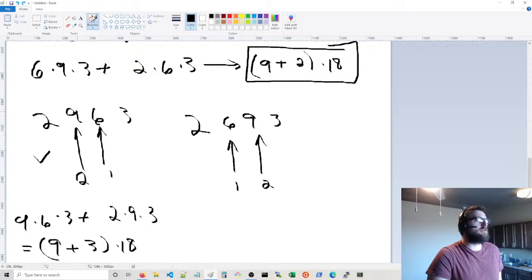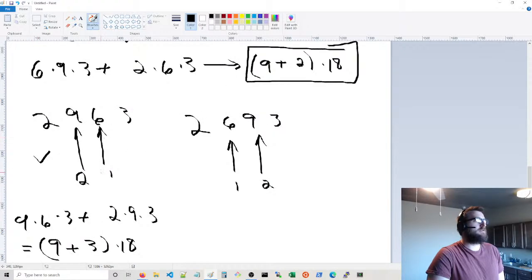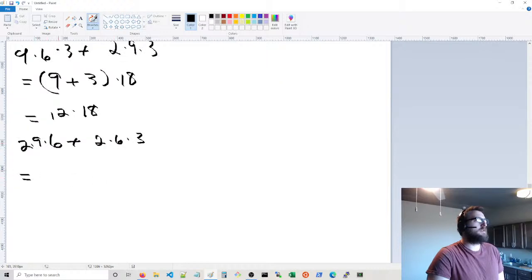And also, you could pick the other way, the larger of the two first, which will give you 296 plus 263, which gives you 6 plus 2 times 18, which is 8 times 18. Right, that gives you 18 times 6, 18 times 2.